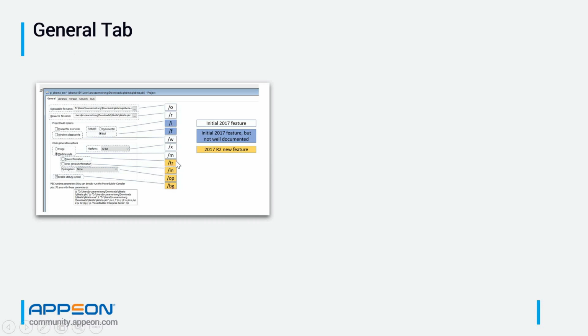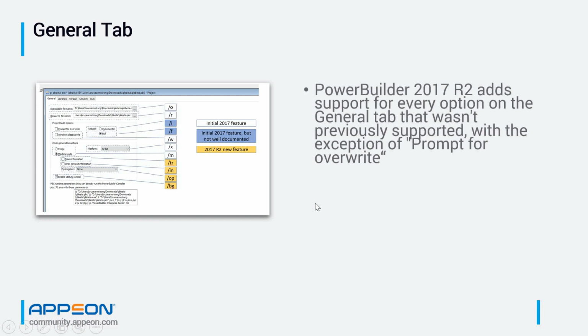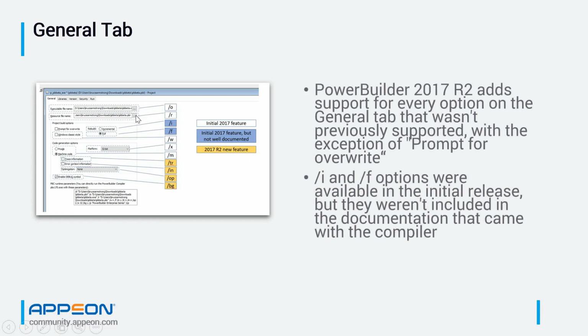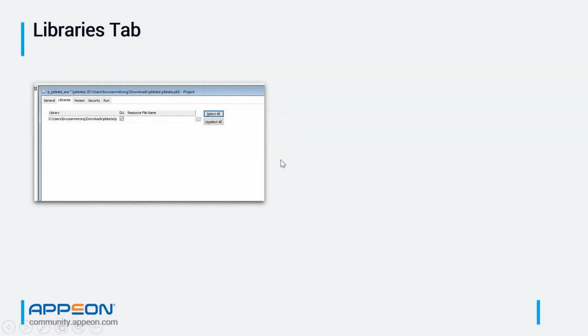So those are all now options available in 2017 R2. So basically, if you look over this, about the only thing that isn't supported here by the command line compiler is right up here, prompt for overwrite. And that makes sense. You don't want an automated build stopping and prompting for user interaction because there's no user to interact. Okay, let's go to the Libraries tab.